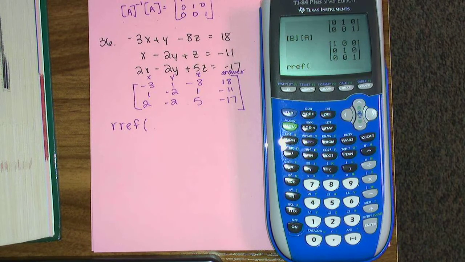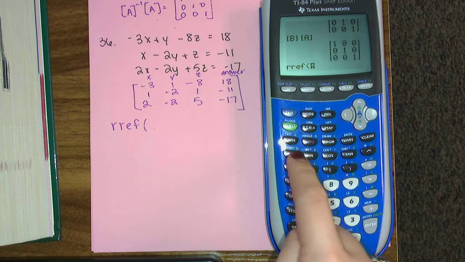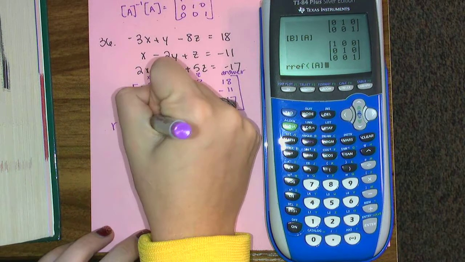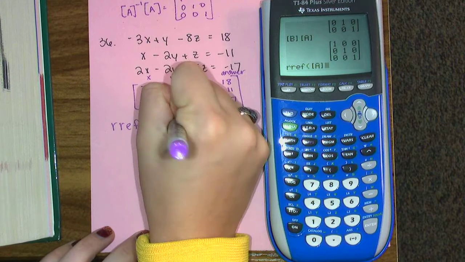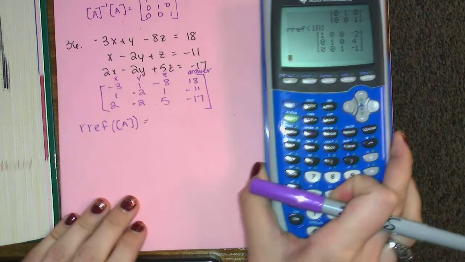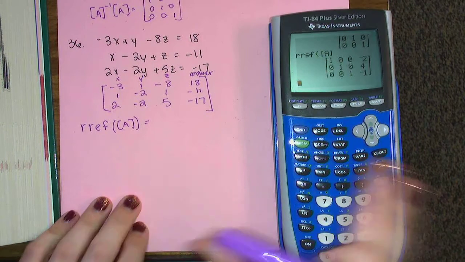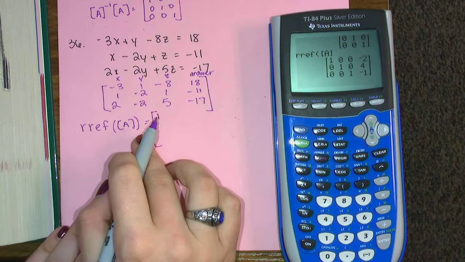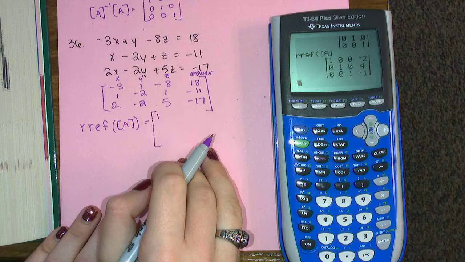Once you have that, you're going to put in the matrix and then hit enter. Then you're going to write this down, and then I'm going to tell you what this means. After you do this, I want you to write down what you got, and then I'll show you how to interpret it.